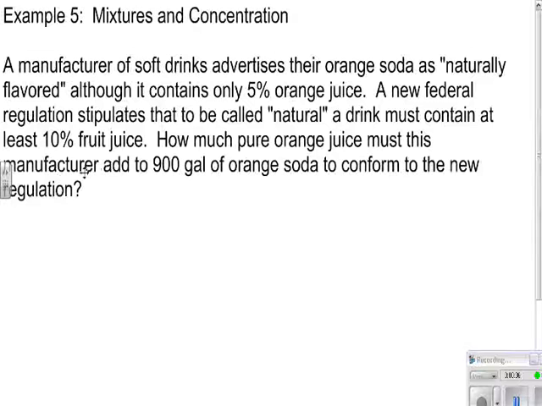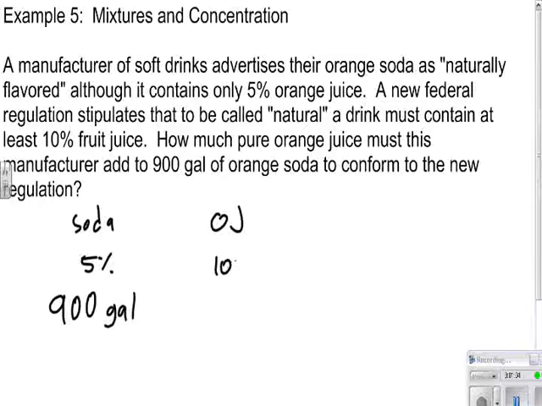So some basics from that, we know that there's 900 gallons of this soda that we'll say needs to be fixed. It has 5% juice. There is as much regular orange juice as we need, so there's just regular orange juice.